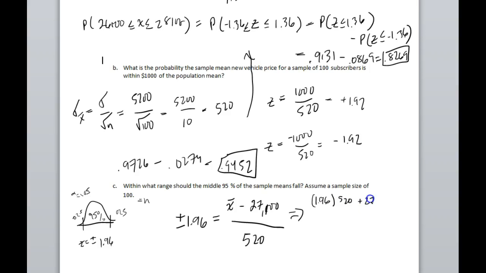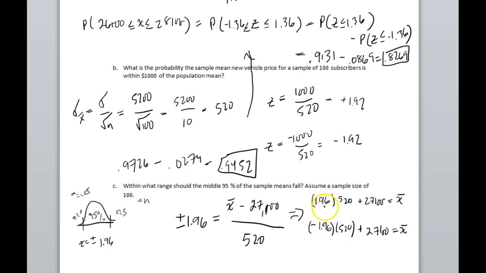This whole thing plus 27,100 is going to equal x bar. So that's how we solved for x bar. And we do that as well for negative 1.96 times 520, and that's going to equal x bar in that other problem.